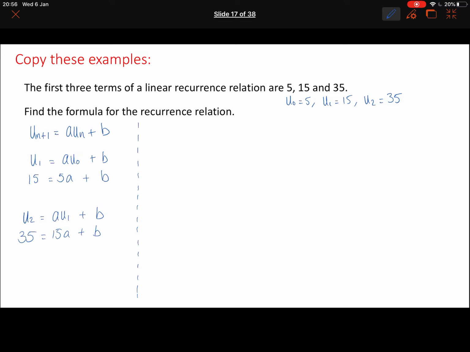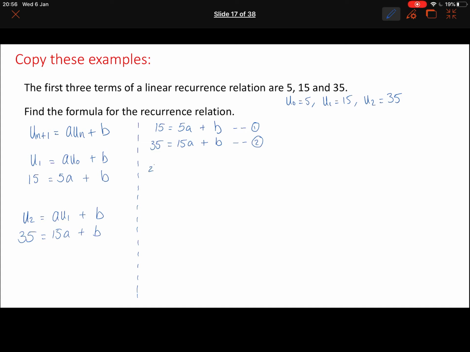So I've got one equation, 15 is equal to 5a plus b, and I'm going to label that as equation 1. I've got another equation, 35 is equal to 15a plus b, and I'll label that as equation 2. Now I want to be able to eliminate one of the variables here, so I'm going to do equation 2 take away equation 1.